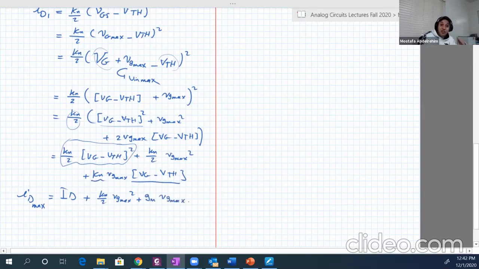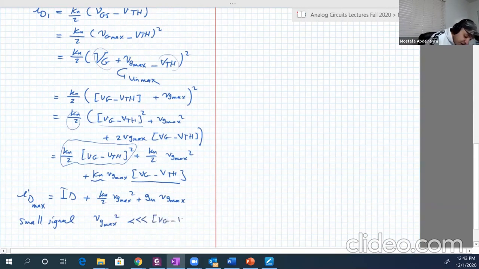And remember, for a small signal model, vg max squared is assumed to be much smaller than the first term, which is (VG minus V threshold) squared.